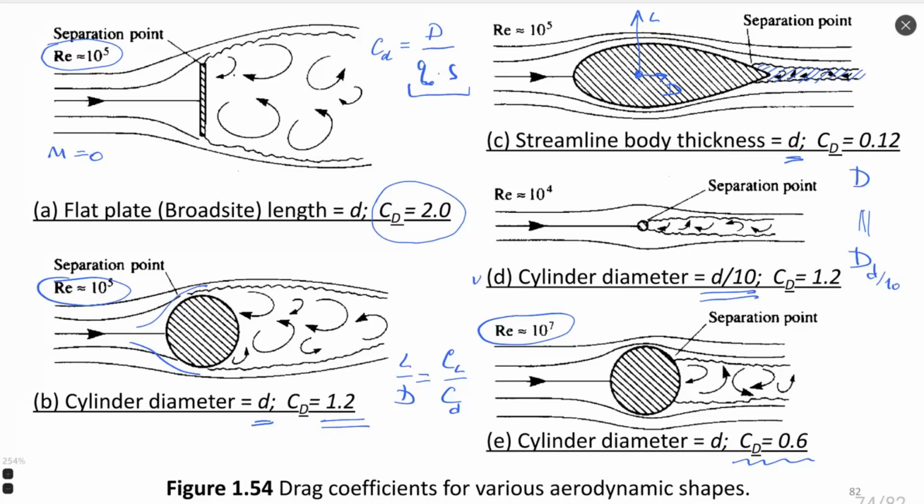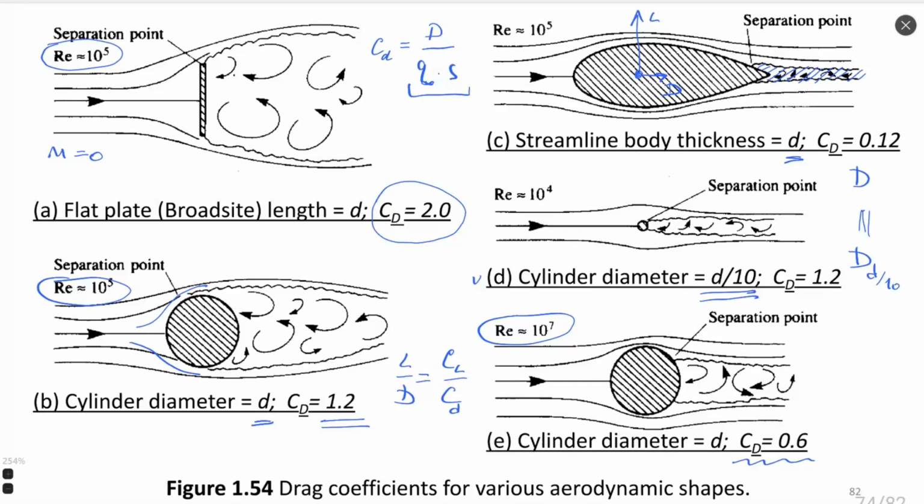We see that at a higher Reynolds number, the turbulence zone is smaller, and this results in a significant reduction of drag coefficient. So we can conclude that a cylinder works better from an aerodynamic point of view at a higher Reynolds number.